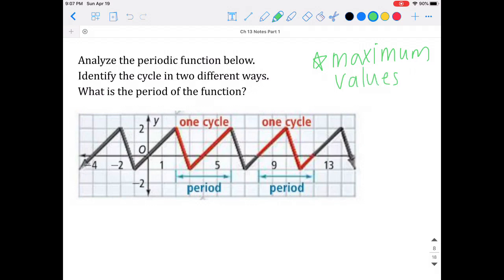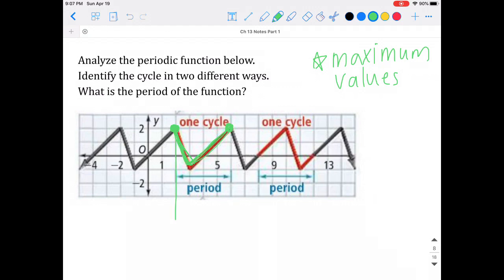At other points in the graph, it might get a little confusing, but the maximum values are very straightforward. In a periodic function, our y value repeats. Our maximum is at our y value of 2. Once we hit this y value of 2 again, that represents one complete cycle. So one cycle of this function is between our maximum values.